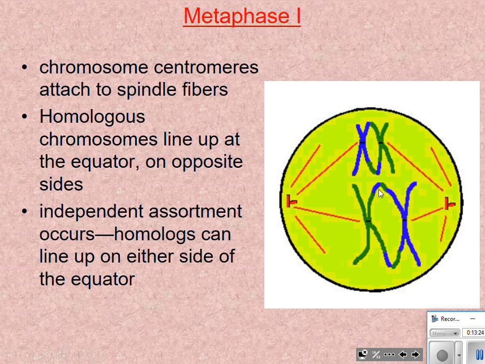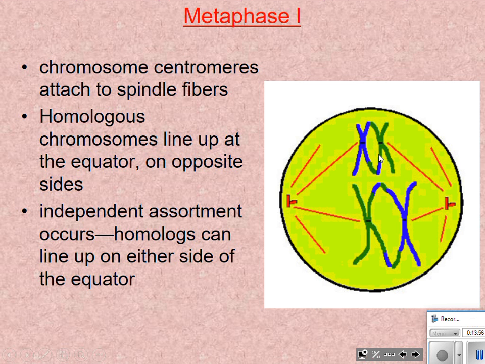Now, if you remember back to mitosis, when we had metaphase, all of the little X's lined up. In this one, it is different because they pair up as homologs. So the same size X's pair up together and line up in the middle. So this is where it's a little bit different. The X's line up.